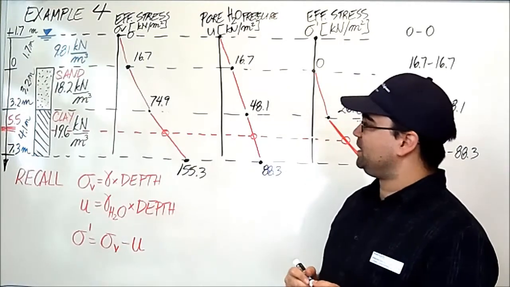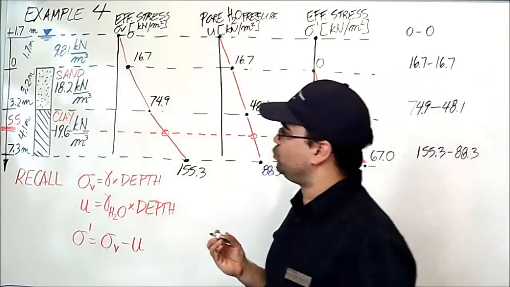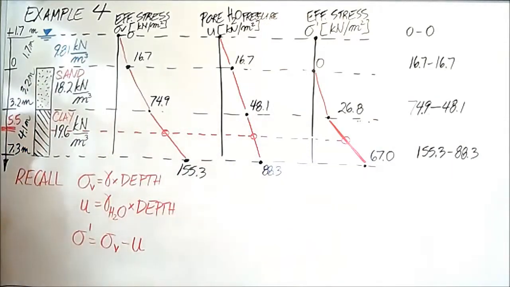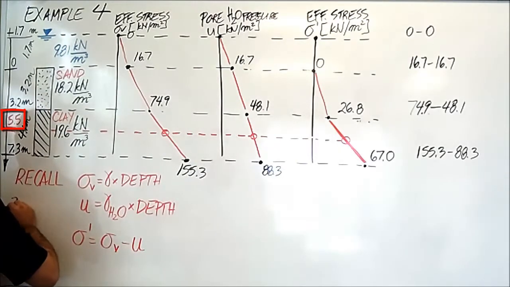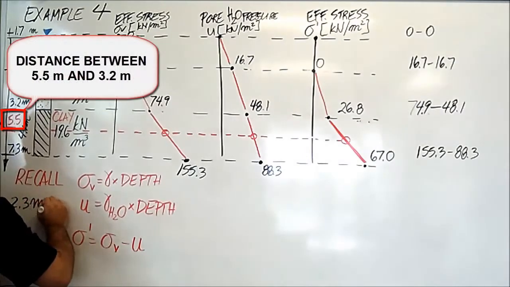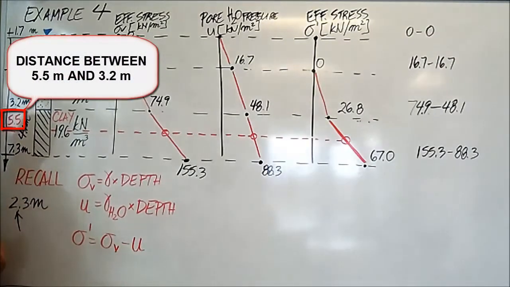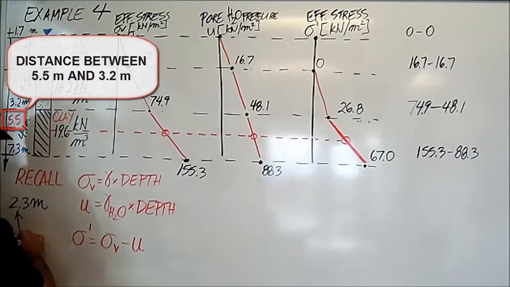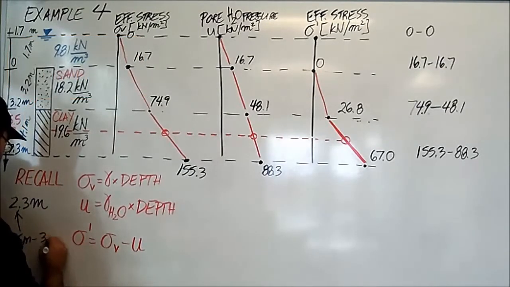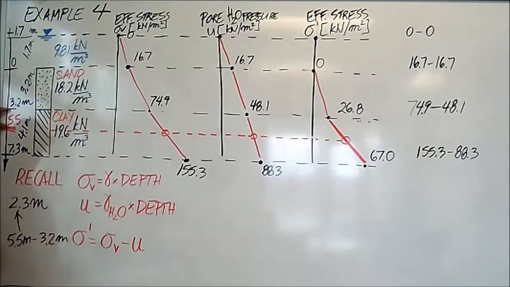Now, another thing that I'm going to need is to calculate the distance between this interface and 5.5 meters. Okay? That distance is 2.3 meters. Again, this is the distance from 3.2 meters and 5.5 meters. That is this distance here in the borehole.